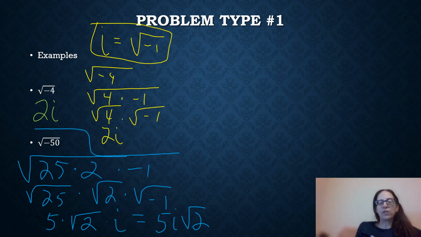And so we will just switch the order of the multiplication there and put the i out front, and then there's no confusion. Okay, so what I'm going to ask you to do, if you are doing this from home, is pause the video, and I want you to try to do these 2 problems. So take a moment, pause the video, try to do them, and then unpause the video, and we will go over them.